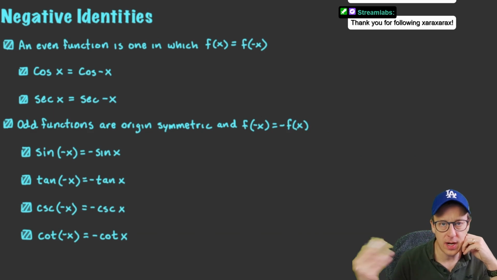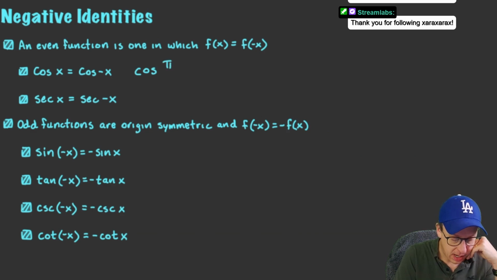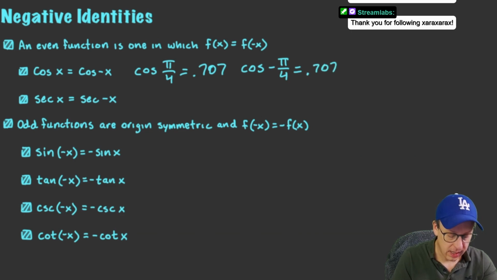And let's actually show you an example. So I'll do cosine of pi over 4. This is going to be equivalent to basically 0.707. And also, likewise, if you had the cosine of negative pi over 4, guess what? This is going to also give us exactly the same form.